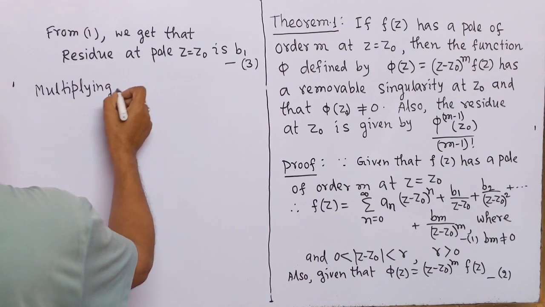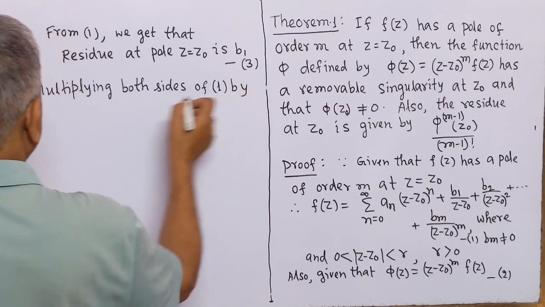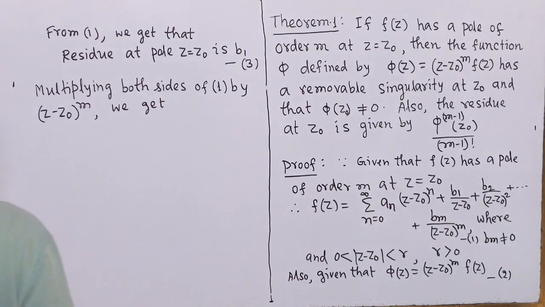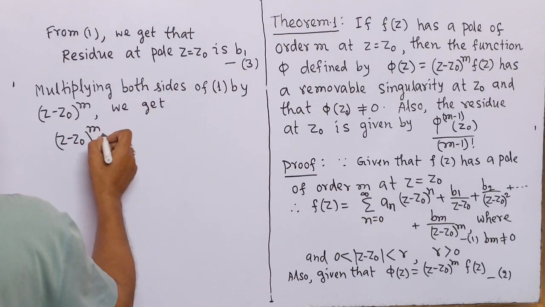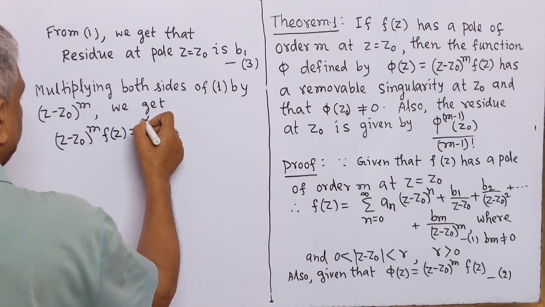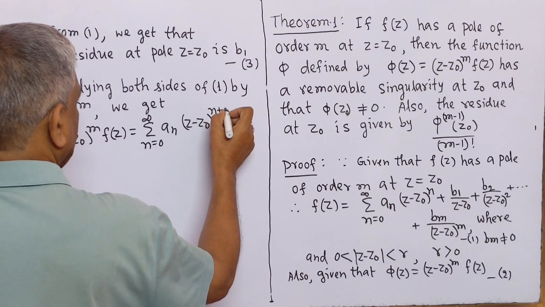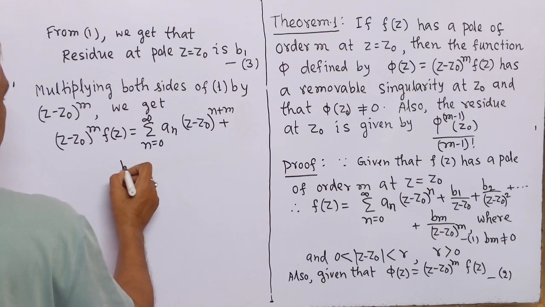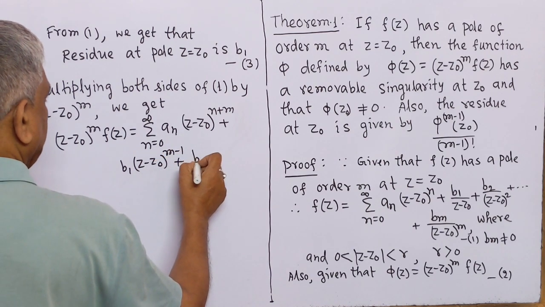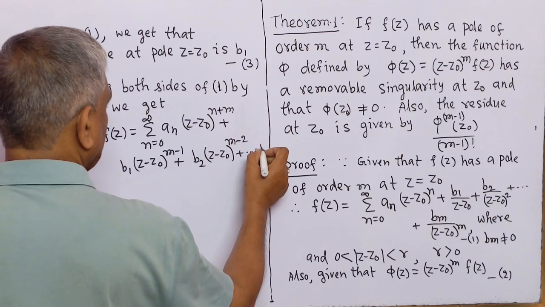Multiplying both sides of 1 by (z minus z naught) to the power m, we get (z minus z naught) to the power m times f(z) equal to sigma n equal to 0 to infinity a n (z minus z naught) to the power n plus m, plus b1 (z minus z naught) to the power m minus 1, plus b2 (z minus z naught) to the power m minus 2, plus dot dot dot, plus bm.